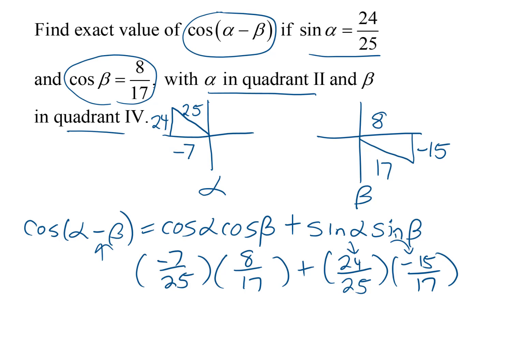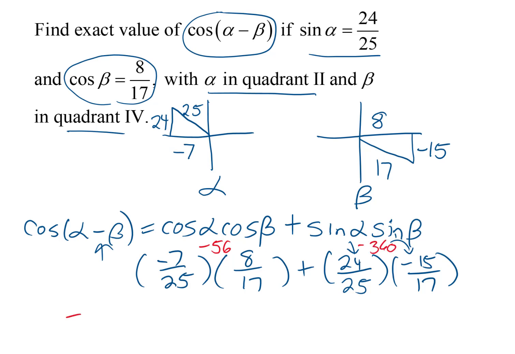The last thing I'm going to do is the multiplying and combine that, so I can see that they will have a common denominator. These numerators are going to give me a -56. And I've got 24 times 15 is 360, going to be -360.